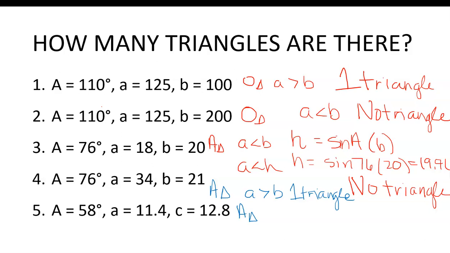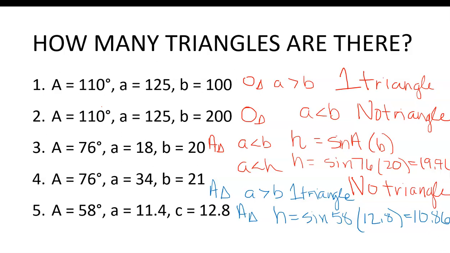So if it knocks it out, that means we don't have a choice but to find H. So if I find H, I will get sine of 58 times my other adjacent side over there. And that's going to give me 10.86.